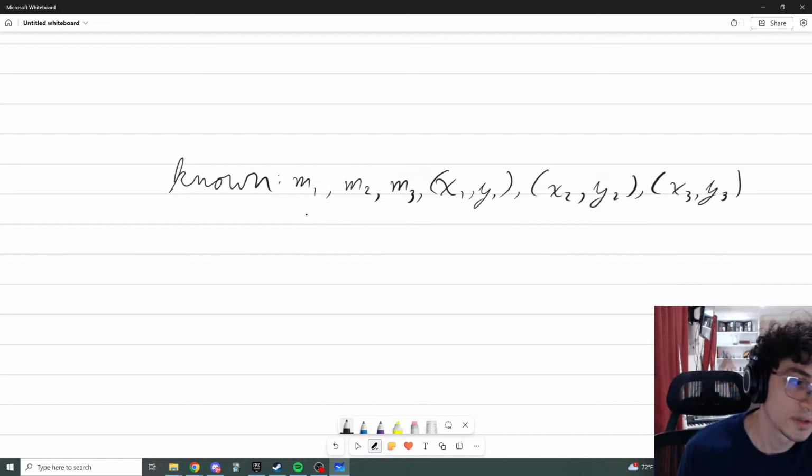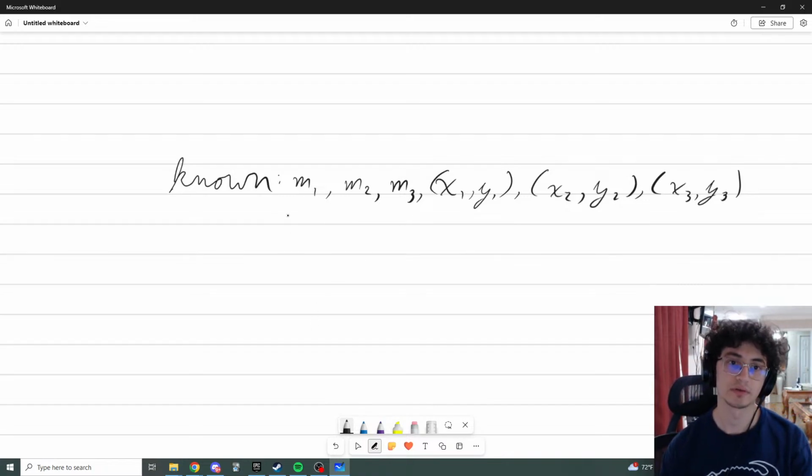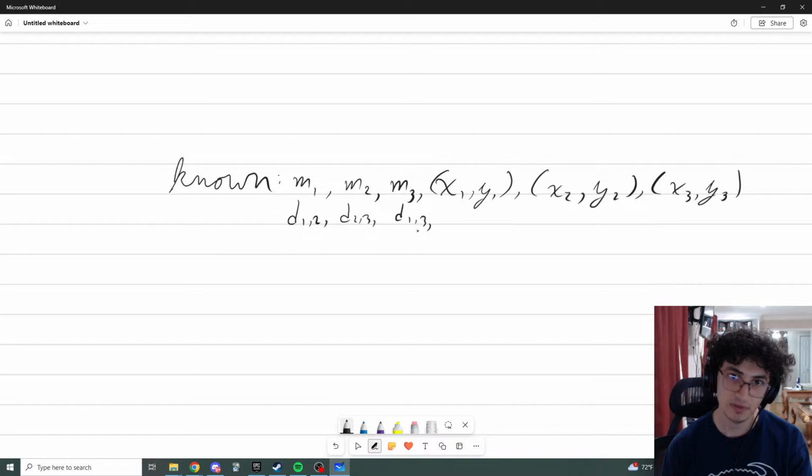We also know the times relative to each other. All right, so we know the distances from 1 to 2, distance from 2 to 3, distance from 1 to 3.